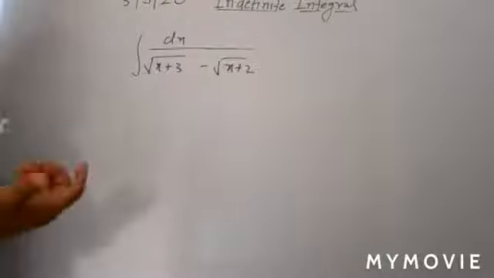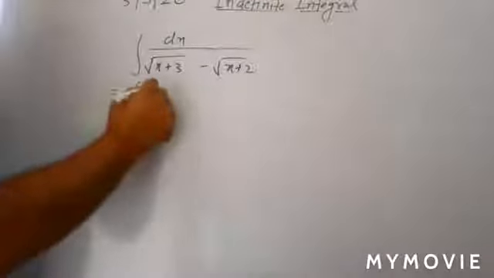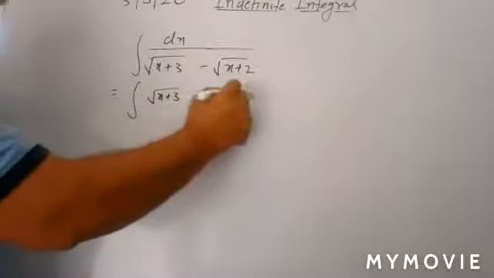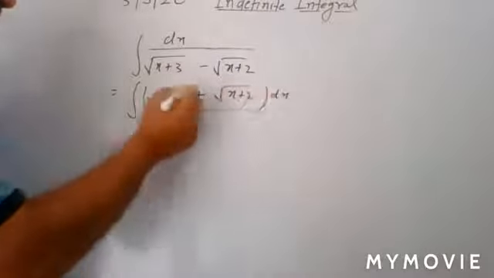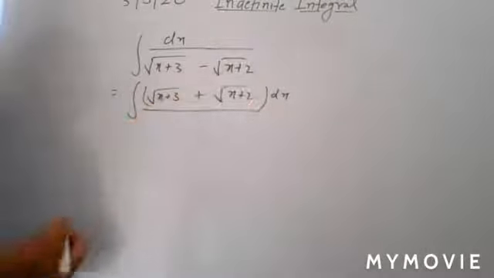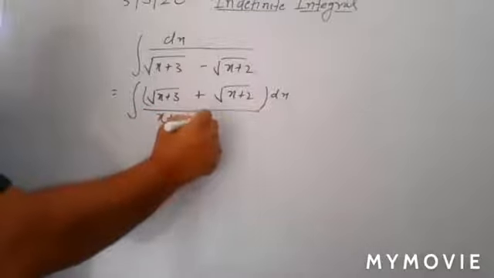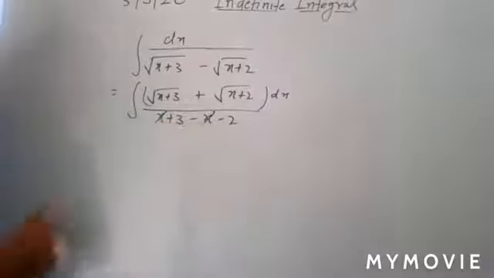That can be removed very easily by taking its conjugate. So write integration of (under root x plus 3 plus under root x plus 2) dx, and upon it you apply the formula for a square minus b square. So you have x plus 3 minus x minus 2. So x and x cancel out and here you have 1.